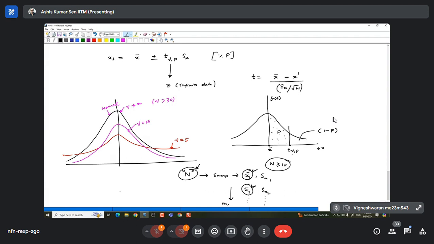So if I get x1 mean of the first 20 bearings, x2 mean of the next 20 bearings, and let's say I do 10 such data sets, each having 20 bearings, and I take the mean of each of these data sets, these means are also going to follow a normal distribution. So the first mean could look something like this, the second mean could look something like this, the third mean could look something like this.